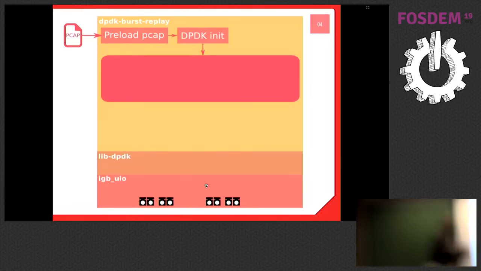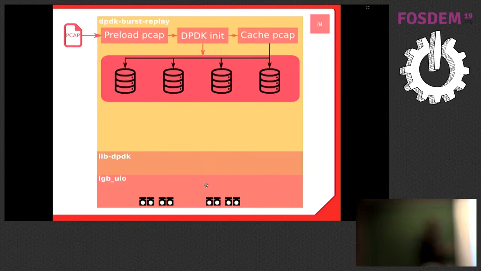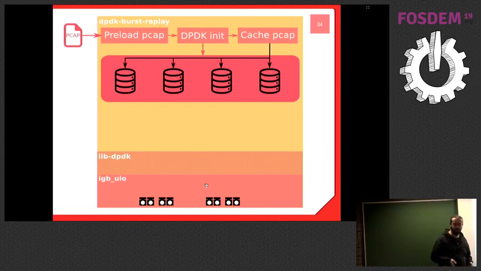So we initialize DPDK, we create the mempool, and then we read the file again, and this time we put all the packets in different caches, one per port. The idea is to avoid all lock contentions and context switching, just to be sure that there is no disturbing action between sending the packets.